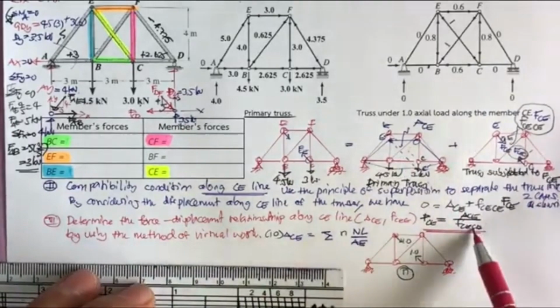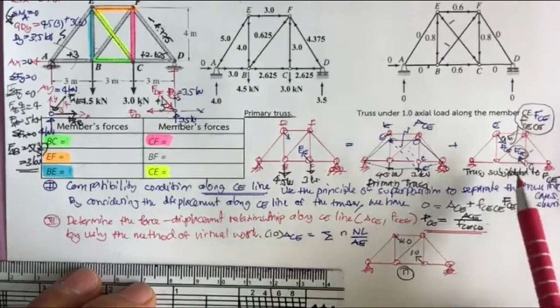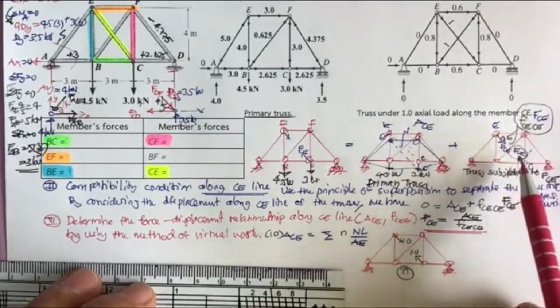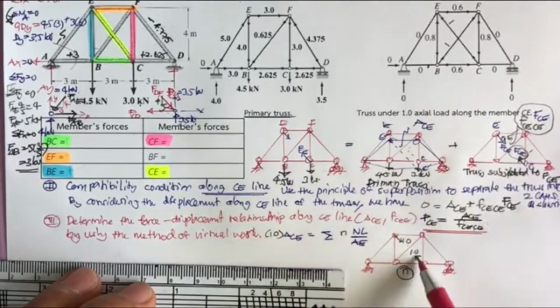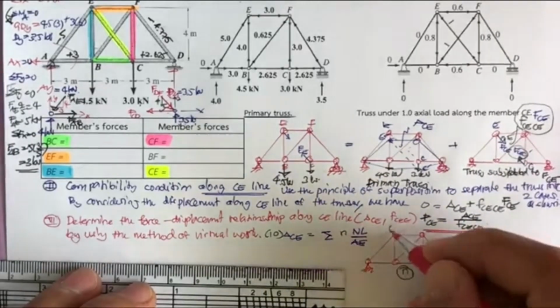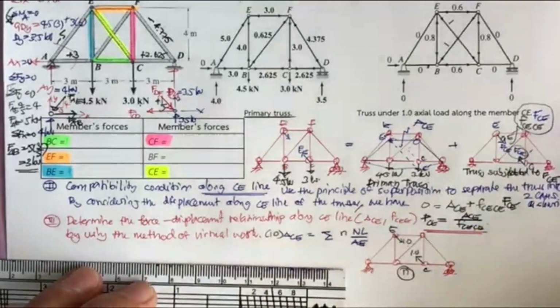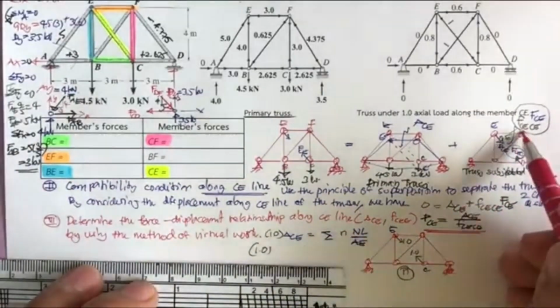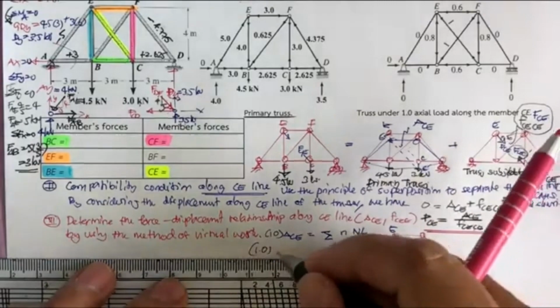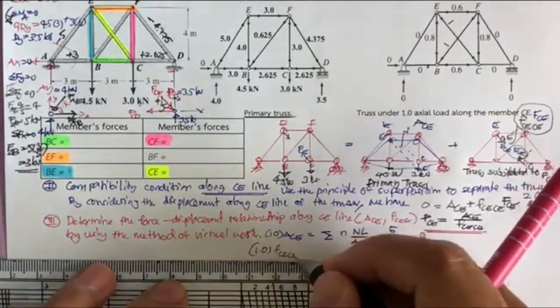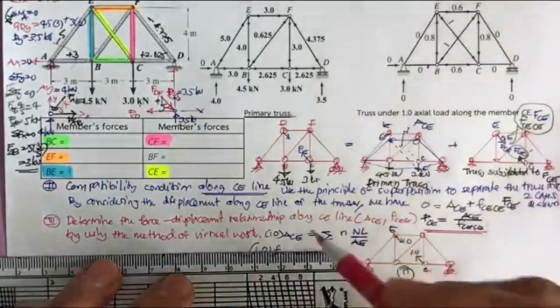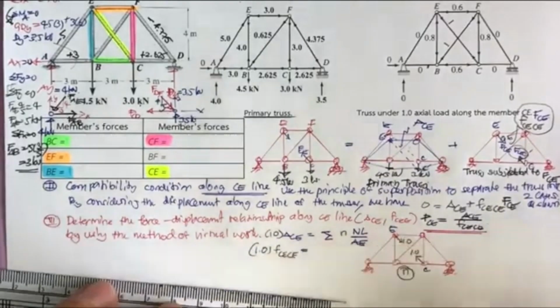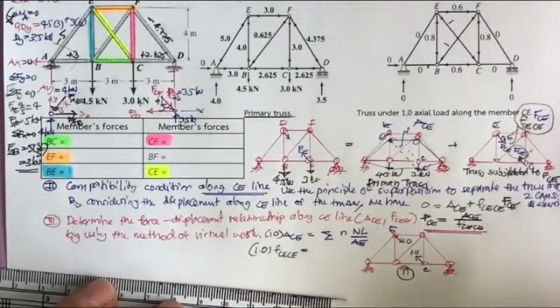And we also determine this, that is the displacement along the CE. So the 1-point unit load is also applied along that. Again, we have 1.0 times f sub CE,CE. This is going to be the external virtual work, and it's going to equal the internal virtual work.